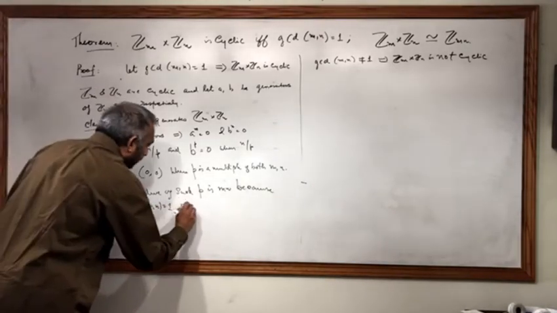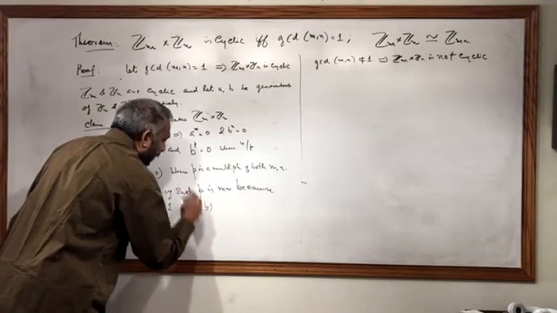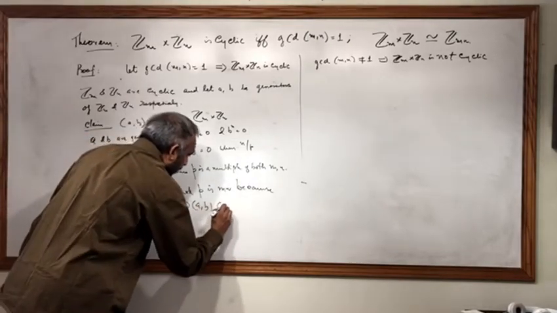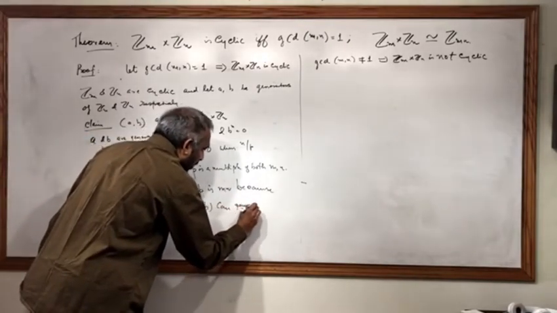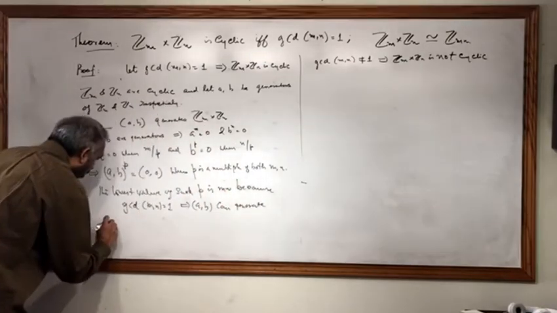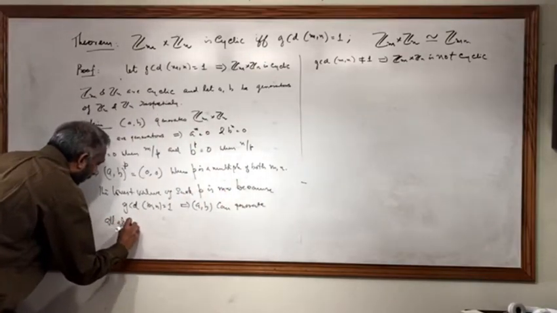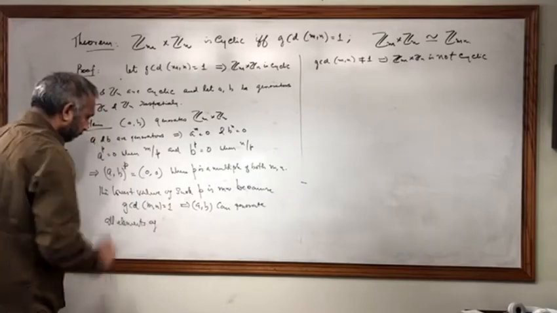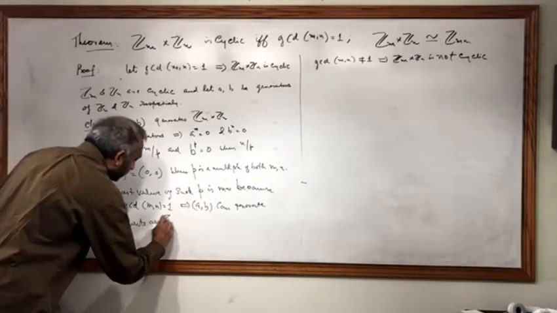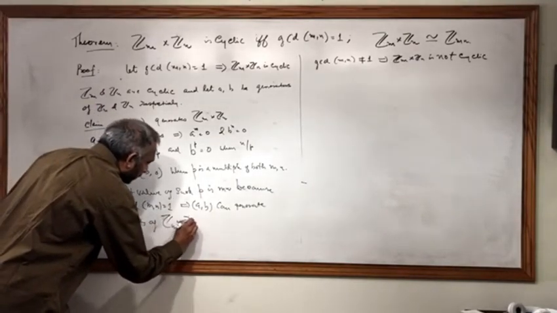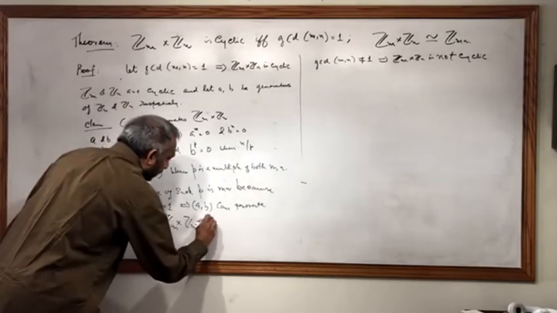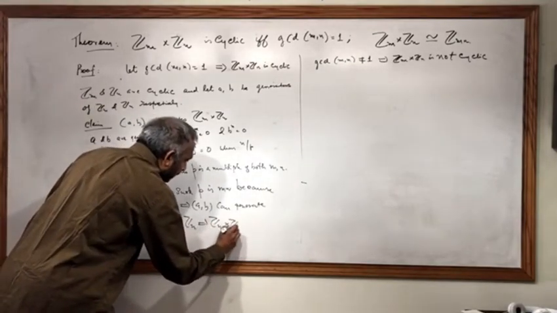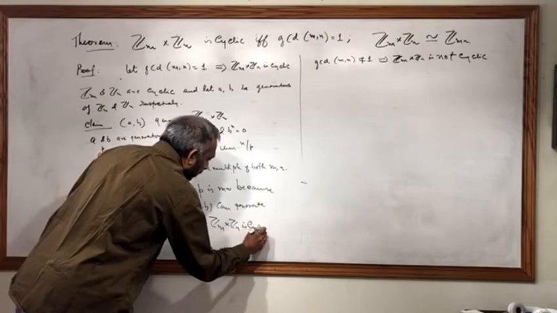And that implies (a, b) can generate all elements of Zm cross Zn. Implies Zm cross Zn is cyclic.